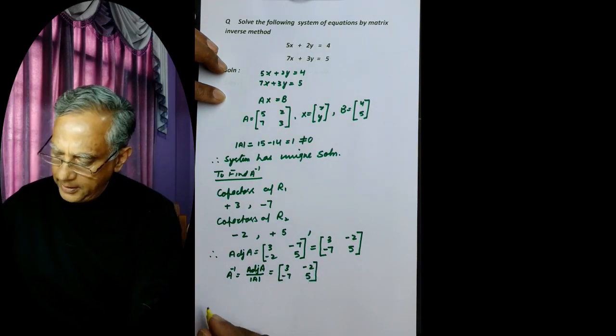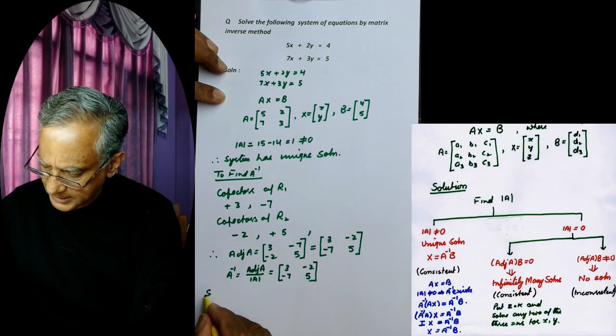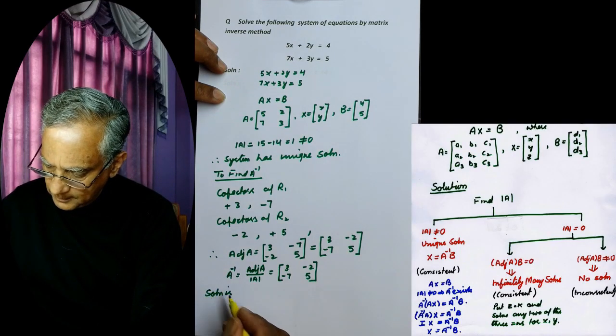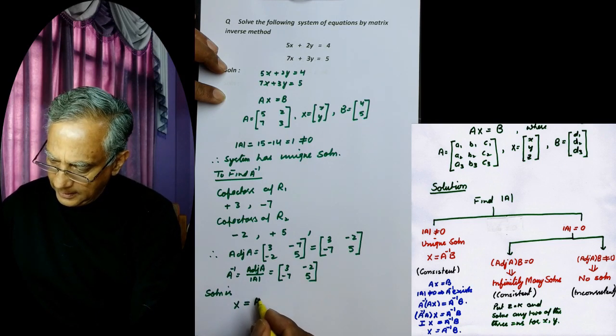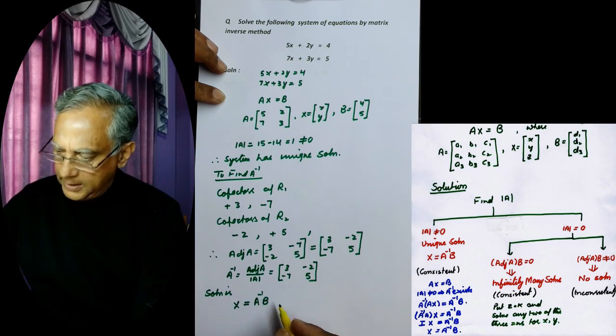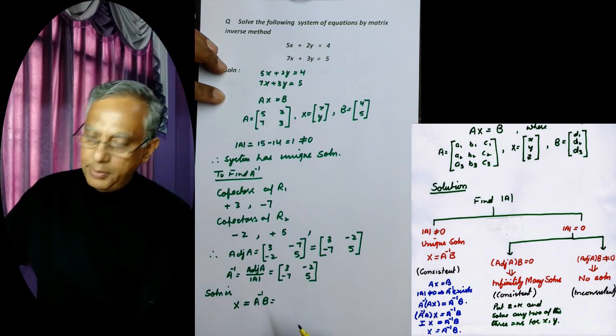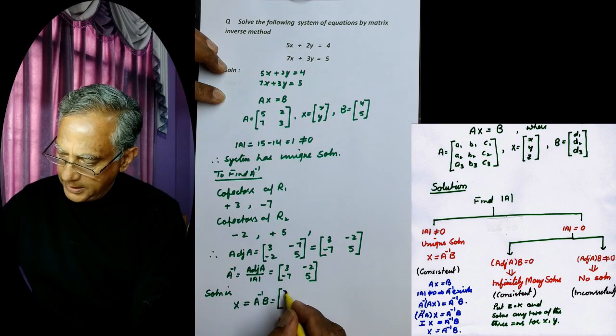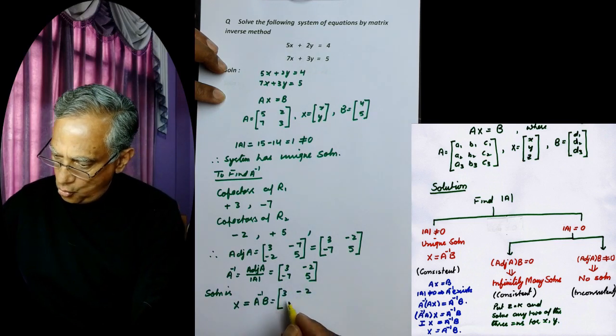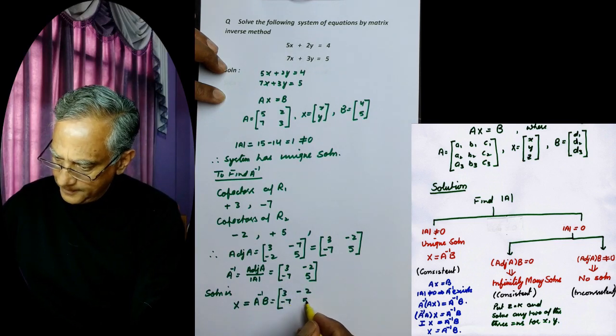This is A inverse. Therefore solution is X is equal to A inverse B. And how much is A inverse? A inverse is 3, minus 2 and minus 7, 5.